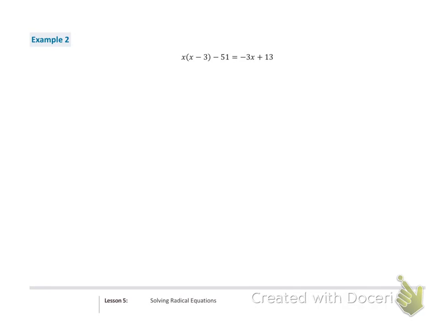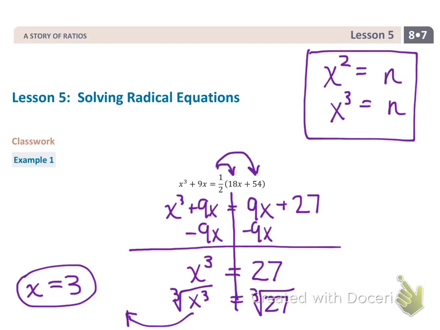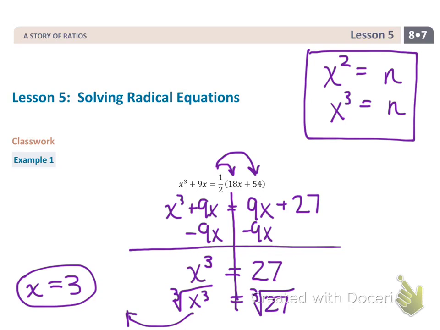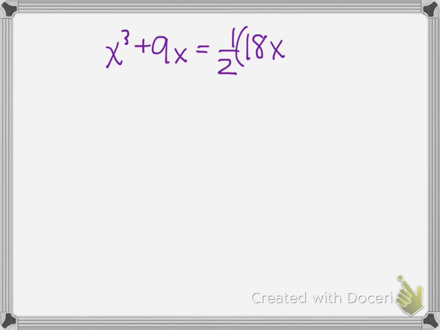So example 2, oh wait, we forgot something. I just realized, you can't forget the checking step, right? Put x equals 3 into that equation and check it. So the original equation was x cubed plus 9x is equal to 1/2 times 18x plus 54.